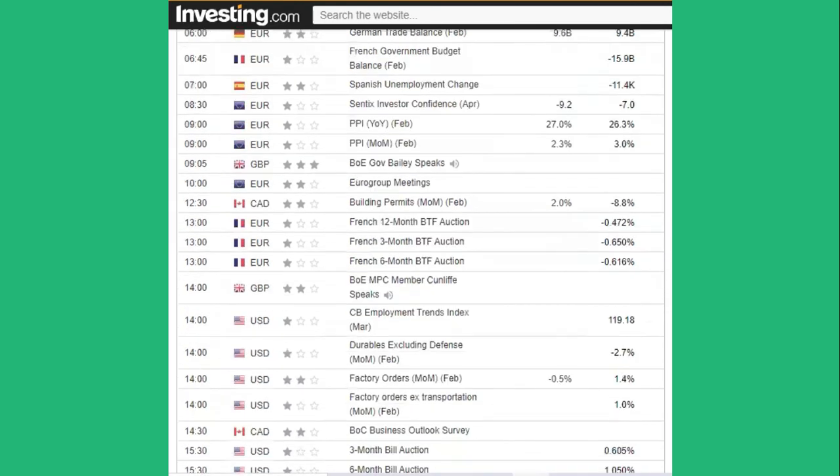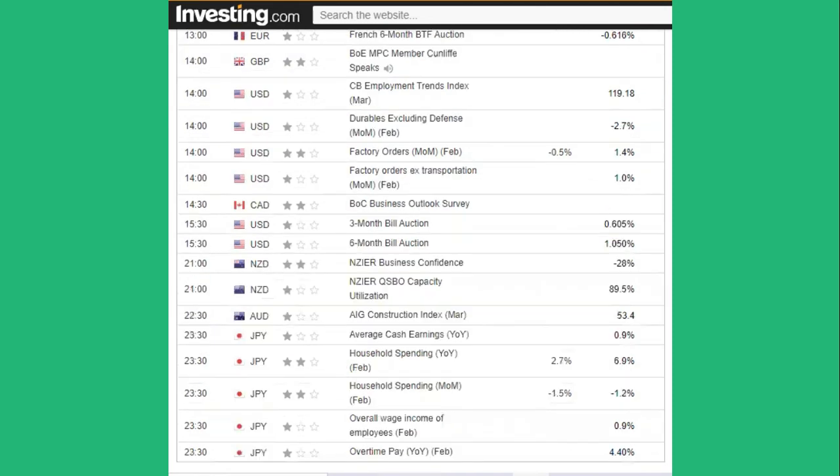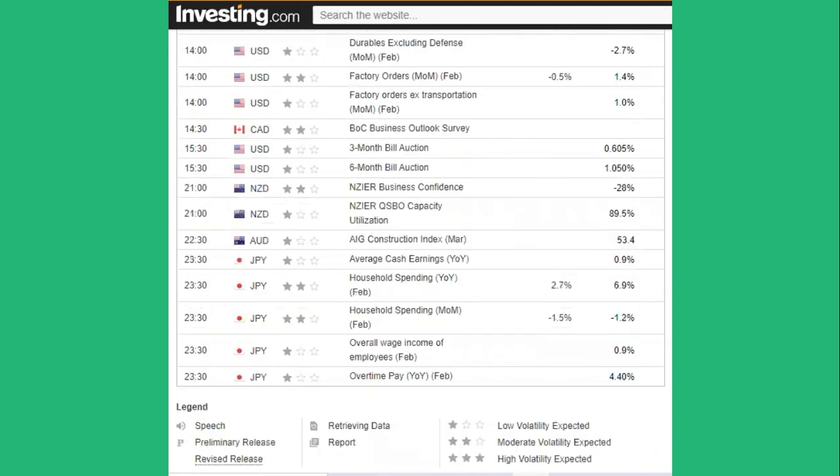And if we carry on down, guys, at 9:05 GMT, we have the Bank of England Governor Bailey speaking. This 3-star rating, when he speaks, he can really move the pound, any pound pair. And other than that, as you can see, no other 3-star news that we're interested in for the rest of the day. So a little light news day today.